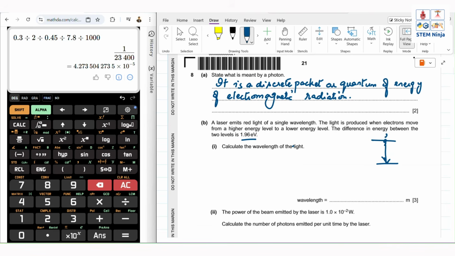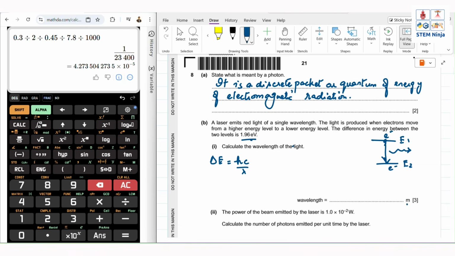When electrons jump from a higher level to a lower level, a photon is released. This is E1, this is E2, and the difference in energy levels is equal to hc over lambda.